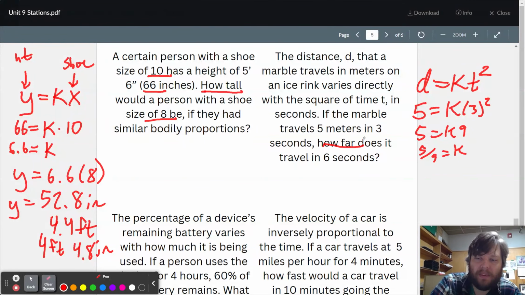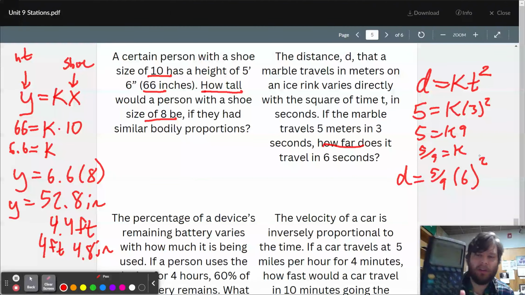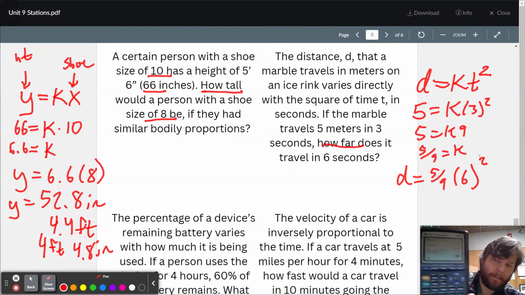Now, how far means we don't know d. We do know that t is 6 seconds. So we just type in 5/9 times 6 squared, exactly how I wrote it right there. 5/9, 6 to the second power. Like that. You get 20.